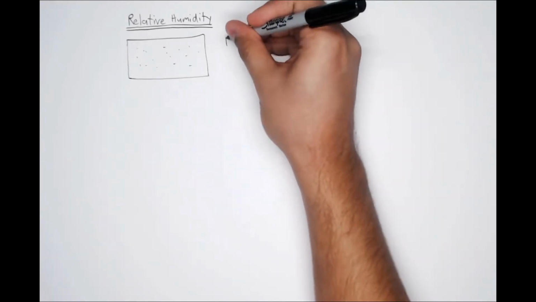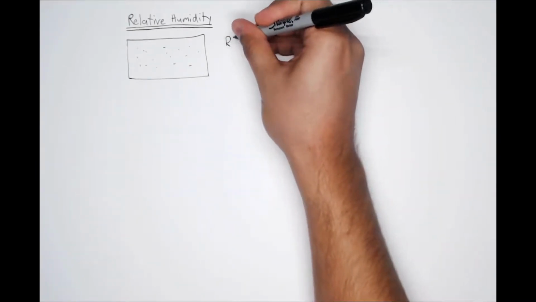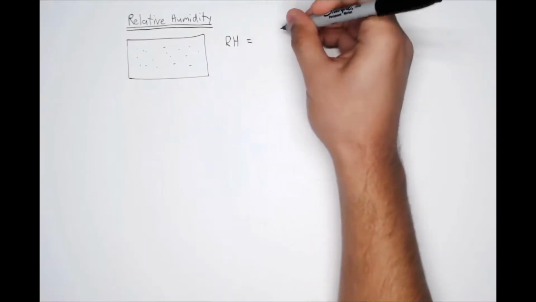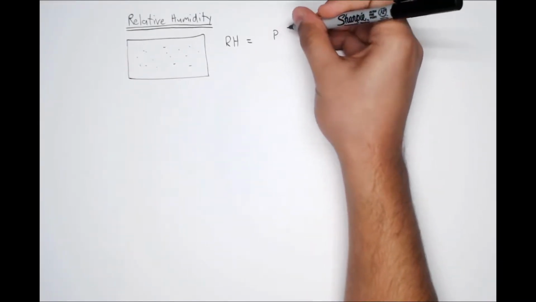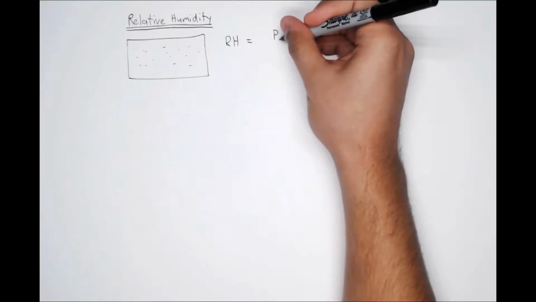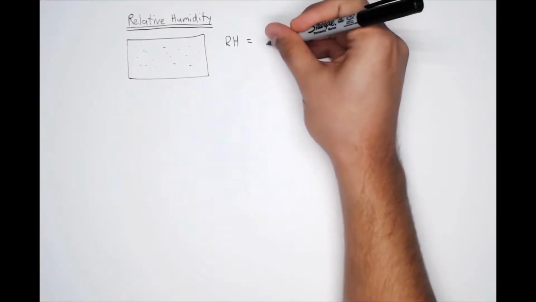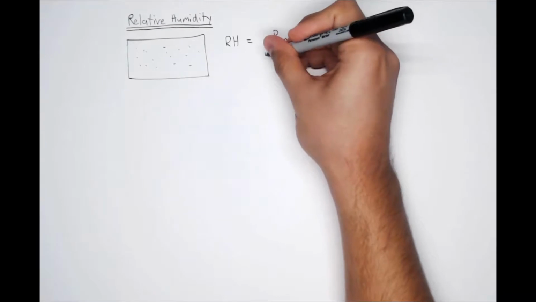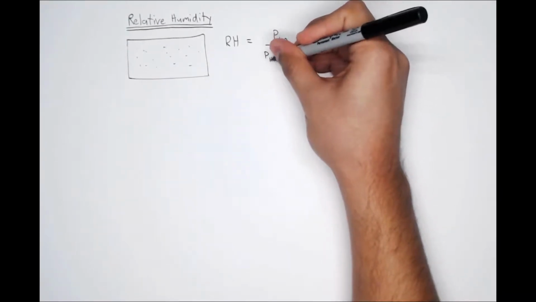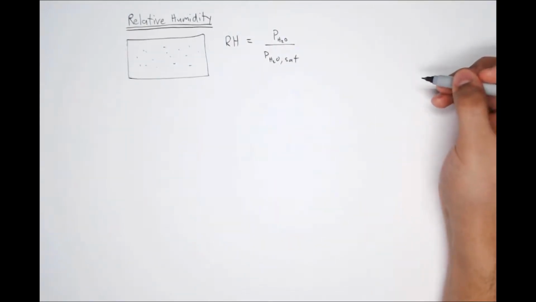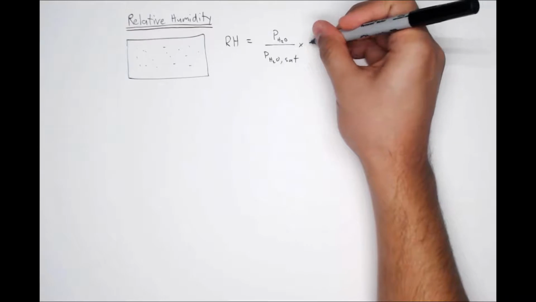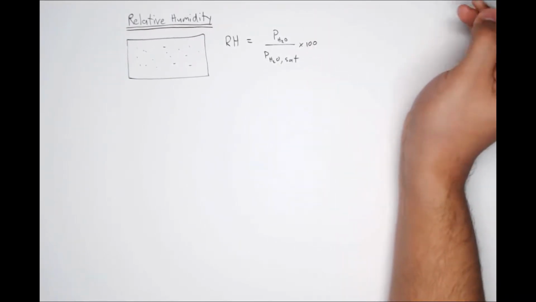And so the relative humidity, or the RH, is going to be given as a ratio of the actual partial pressure of water, which I'll write as pH2O, divided by the saturated partial pressure of water, pH2O sat for saturated. And this could be expressed as a percent if you do times 100.